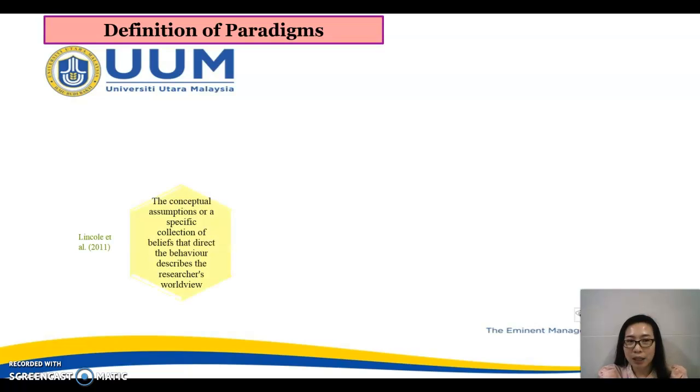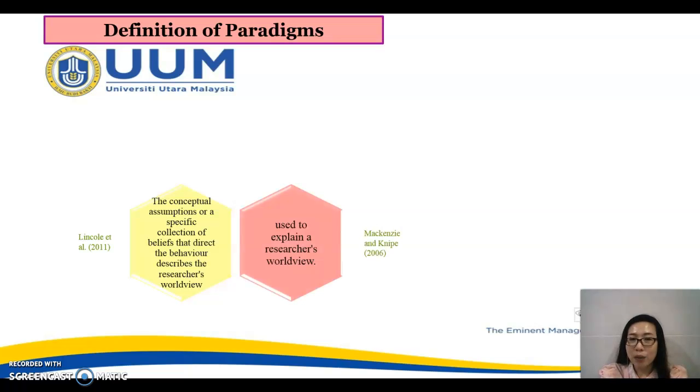According to Lincoln 2011, the term paradigm is used to refer to the philosophical assumptions or the basic set of beliefs that guide the actions or behaviors and define the worldview of the researcher in social research. Meanwhile, Mertens 2006 used it to explain a researcher's worldview, especially in educational research.